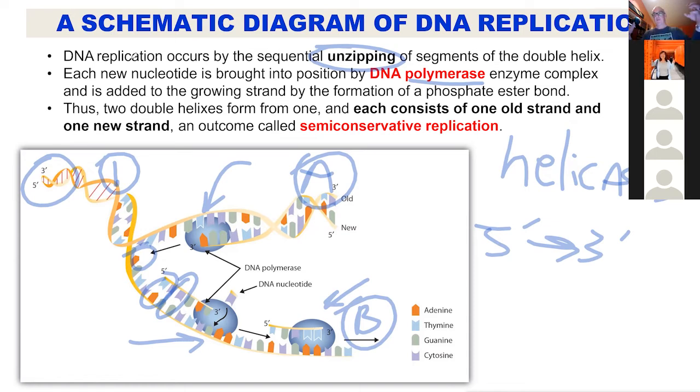One would be the 3' to 5', the other one would be the 5' to 3'. Each one has one of those old strands and then a replica of the other strand. And we call that semi-conservative replication.